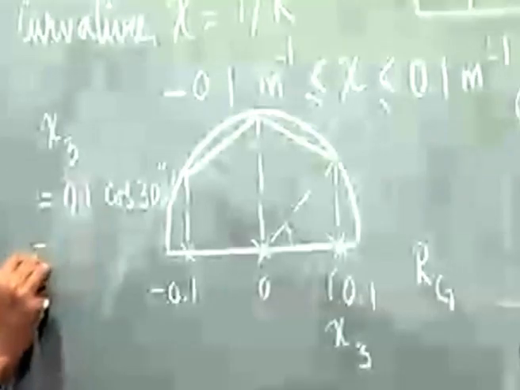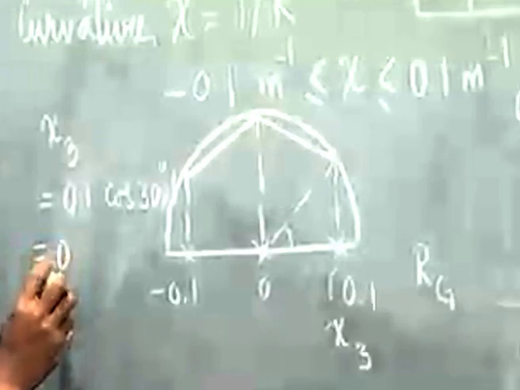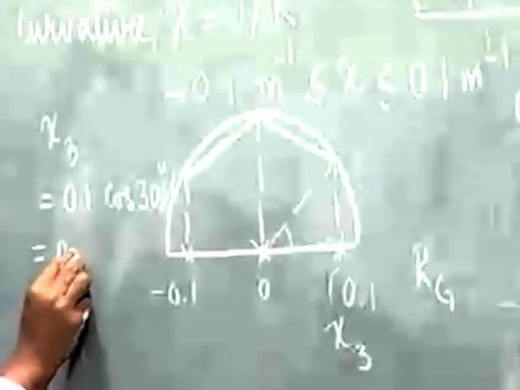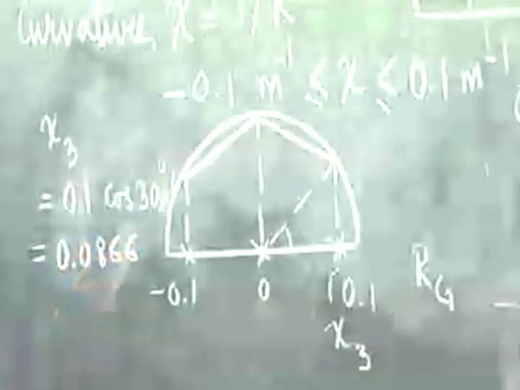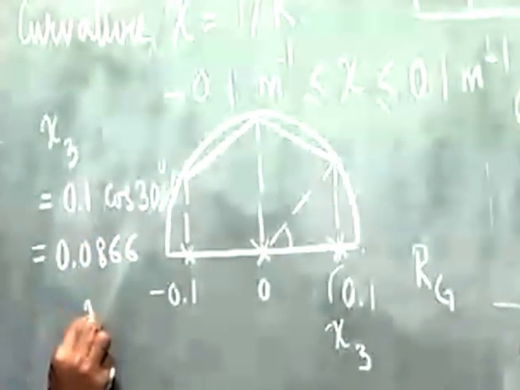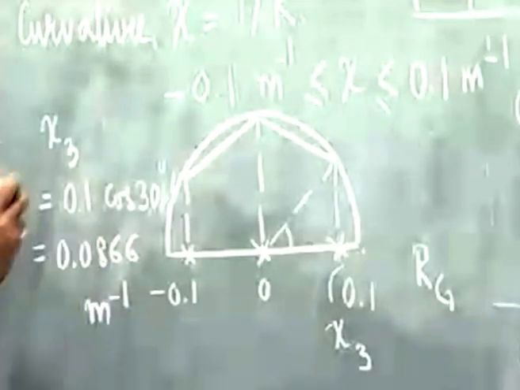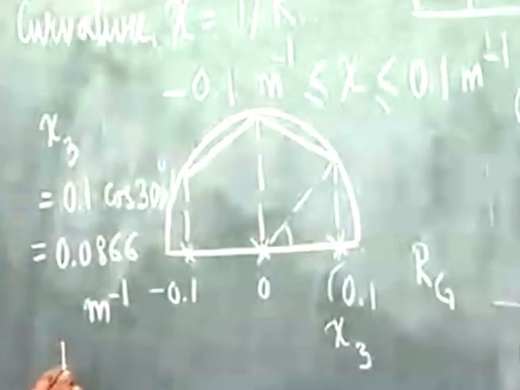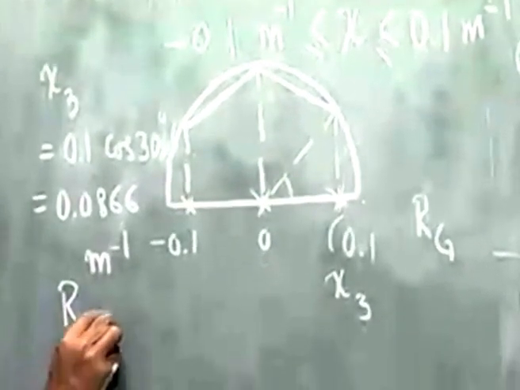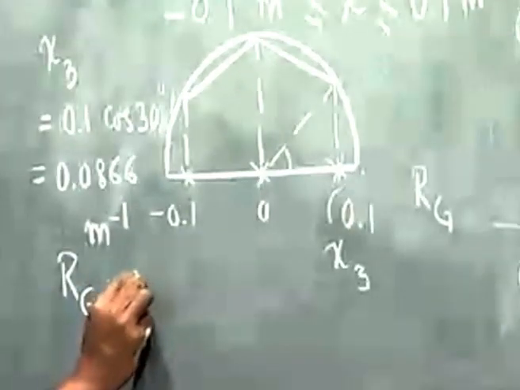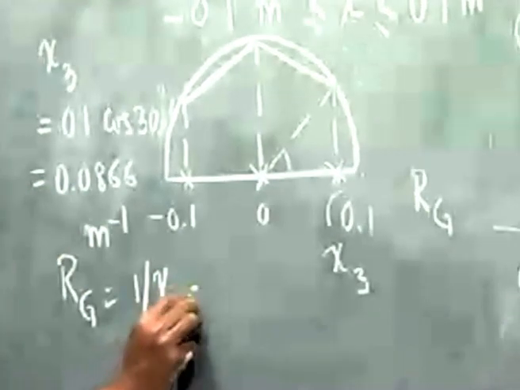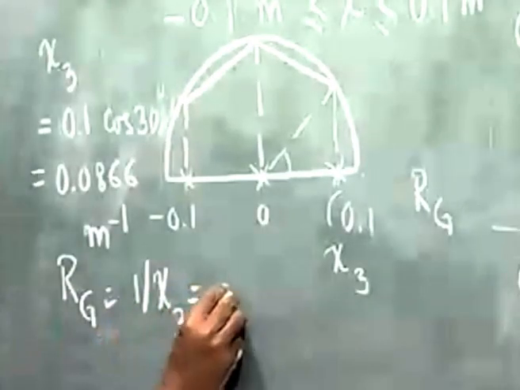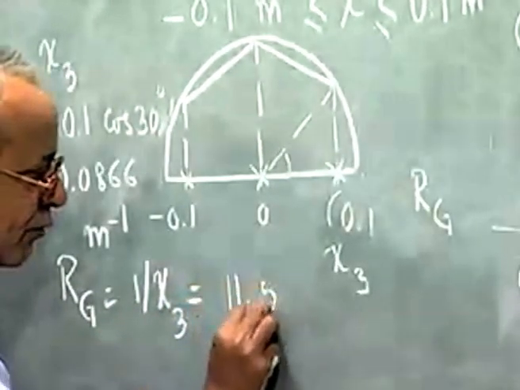Which is 0.0866 meter inverse. The corresponding Rg is 1 upon chi 3, which is 11.55 meters.